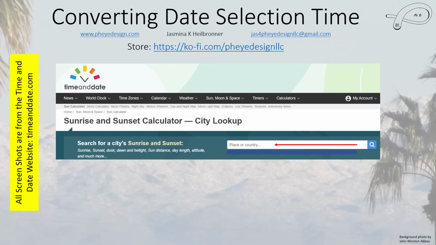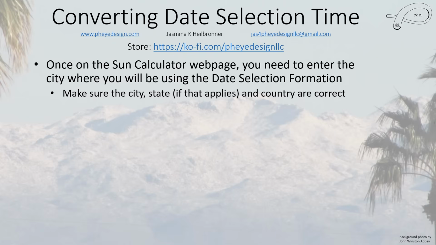So spell things right. Once you've found the city, make sure it really is your city. It will show a map, and if you've got the wrong country or the wrong state, you probably will know it.